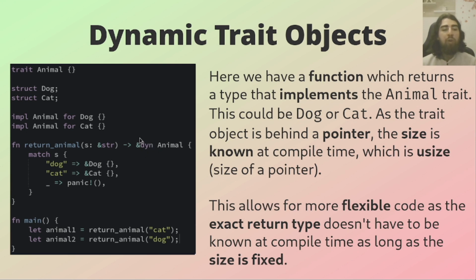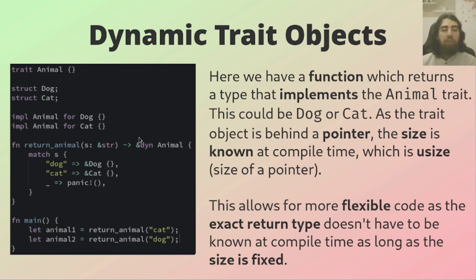Because remember, a reference is a pointer, and the size of a pointer is known at compile time, meaning it's of type usize, and usize is 8 bytes on a 64-bit computer. So the size of the return type is known. It's just a pointer-sized type.